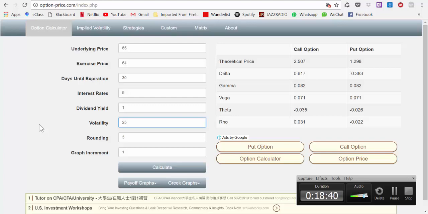Now I'm looking at pricing a simple option like this, where the price of the stock right now might be around 65, and I'm looking at a put option where the exercise price is 64. Don't worry about the other parameters. The question is, what happens to all those Greeks for the put on the right-hand side if I change my volatility from 25 to, let's say, 30?